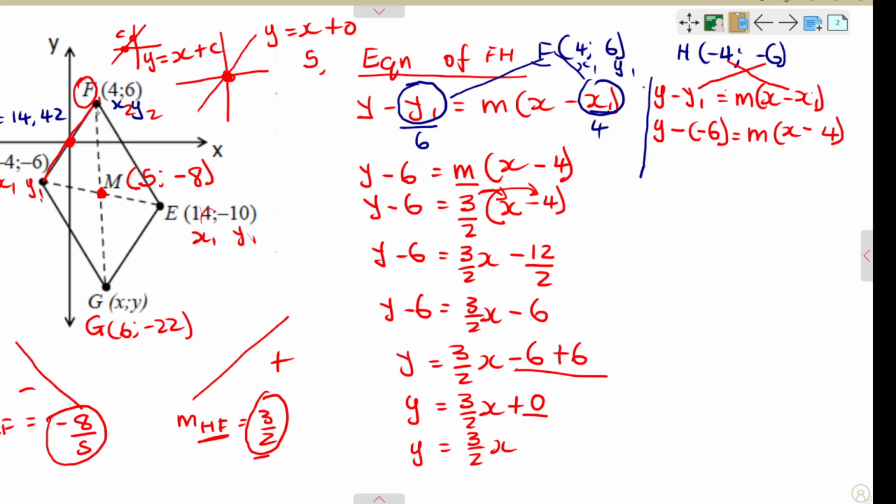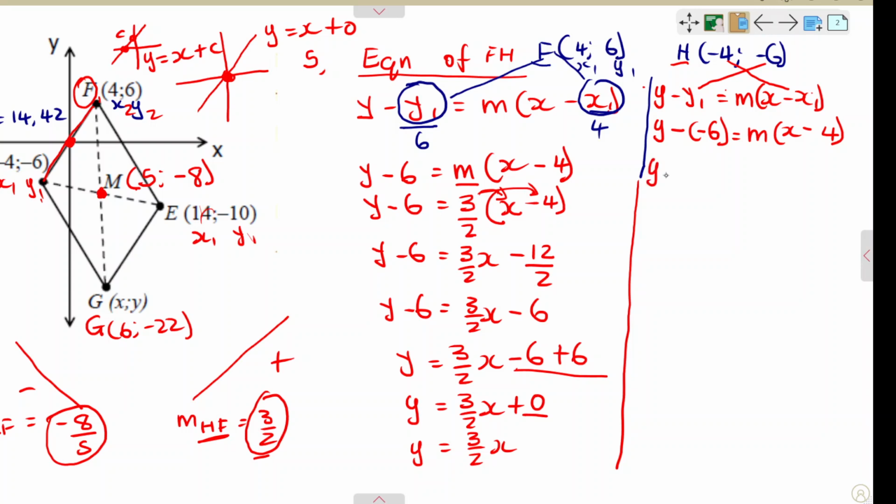But you'll see now when we calculate the equation of the line FE, there will be a y coordinate. I'm going to show you now on the other side. Remember, we use the same formula, y minus y1 equals m times x minus x1. I said now you can take the point H. Now the x coordinate of H is negative 4. The y coordinate of H is negative 6.